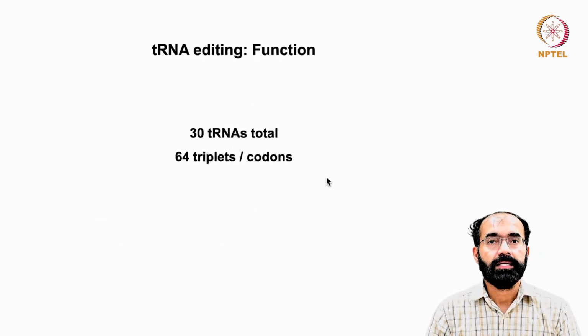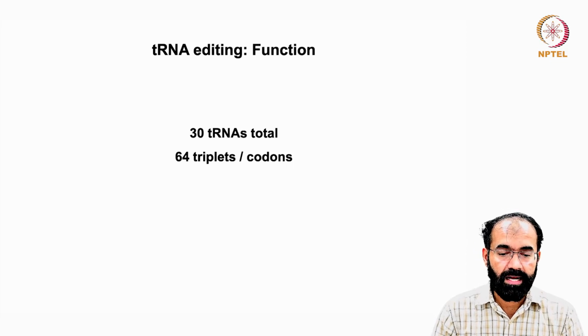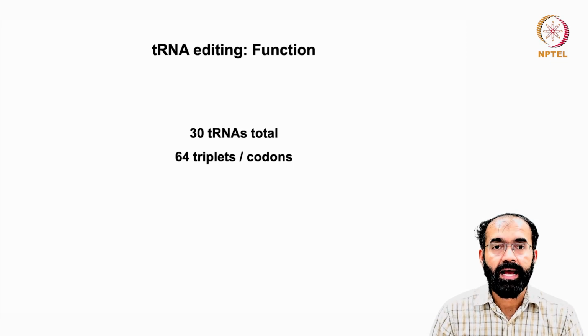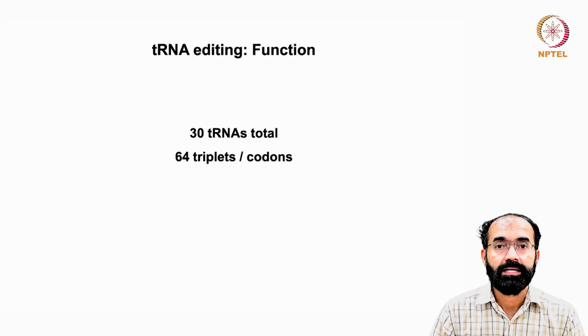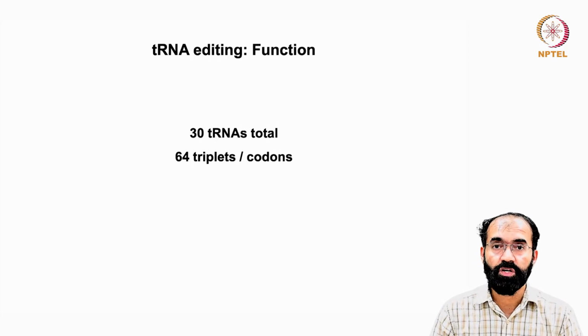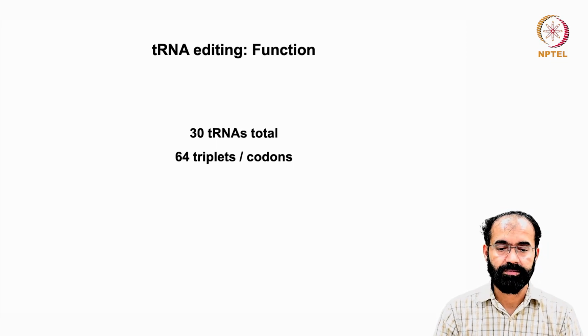Now the outcome is that there are 30 tRNAs in total, and 64 triplet codons. 61 bring in an amino acid, and 3 of them bring in no amino acids, and we call them stop codons or nonsense codons.